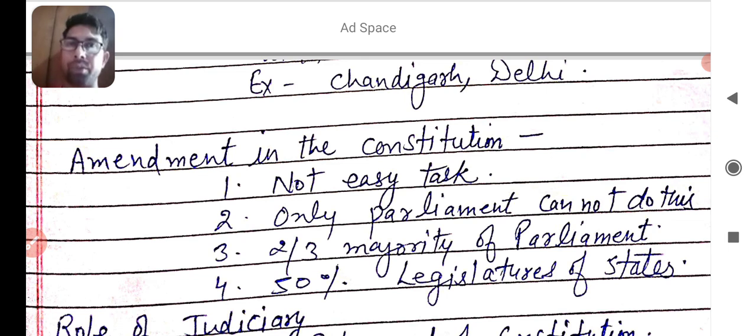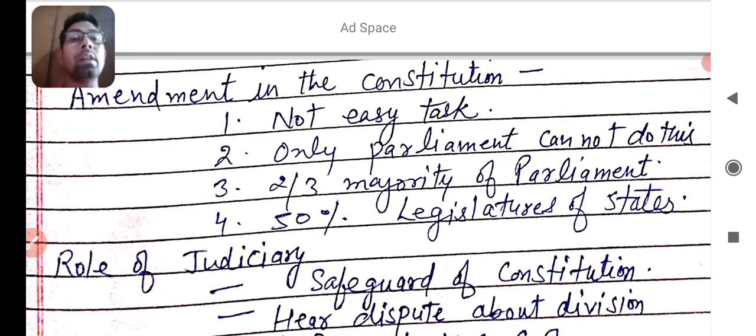Amendment in the Constitution. You know that there is a distribution of power by the Constitution. So when there is an amendment in the Constitution about the distribution of power, how is it done? It is not an easy task to amend the Indian Constitution. Parliament alone cannot do this amendment.